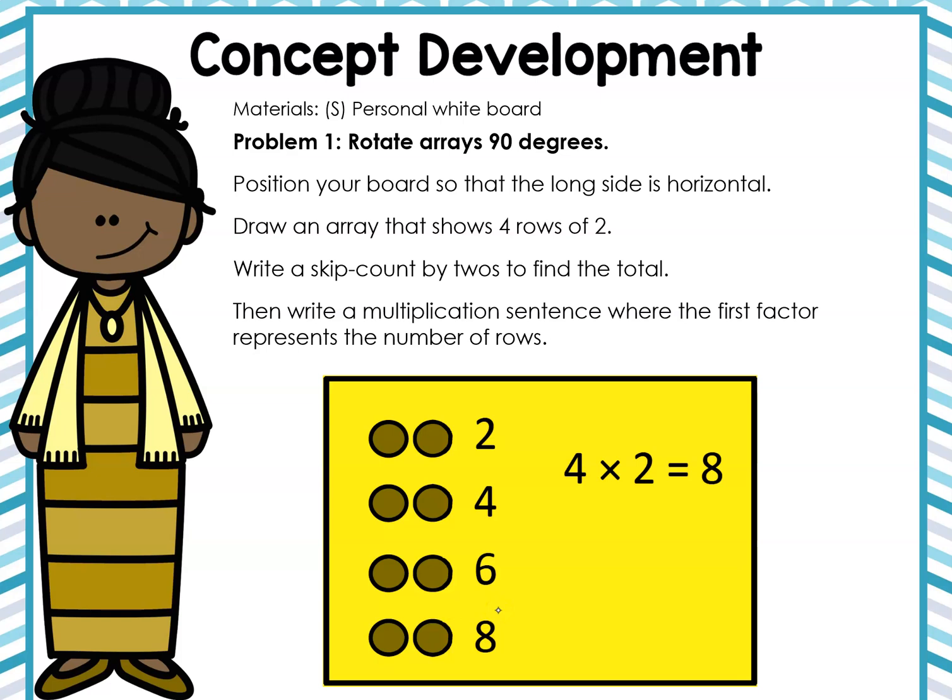So our multiplication sentence for this array is 4 times 2 equals 8. And remember, that multiplication symbol can also mean groups of. So saying 4 times 2 is the same as saying 4 groups of 2.